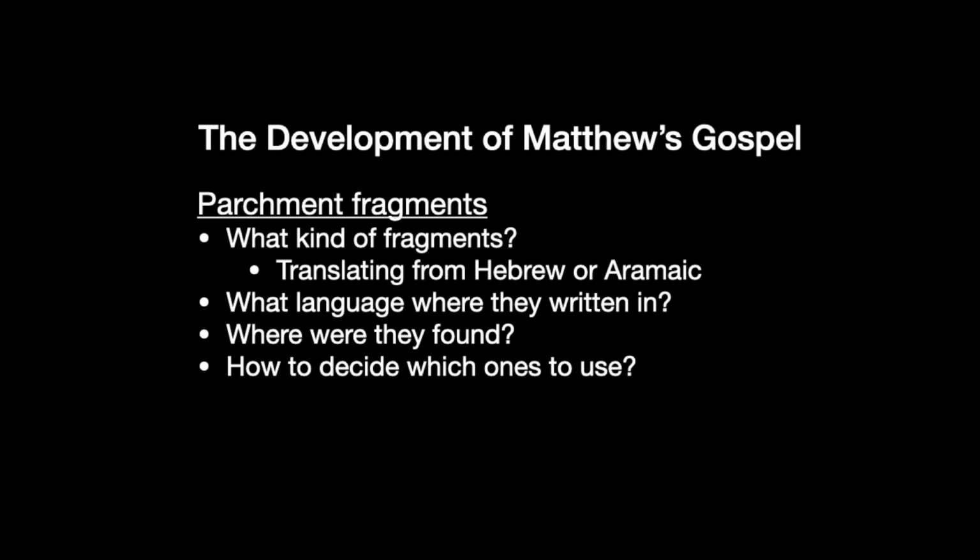Those are decisions that you make by the style of the writing, whether it's clearly editor notes, or how many of them agree with each other. Those are some of the principles that translators have had to use through the years to put the Bible together and also to translate it.